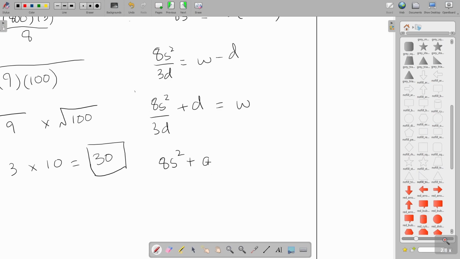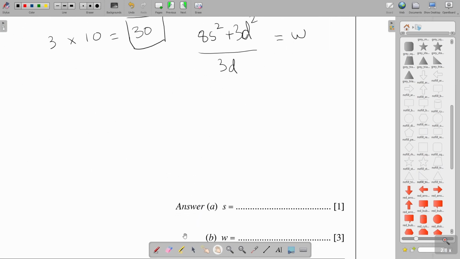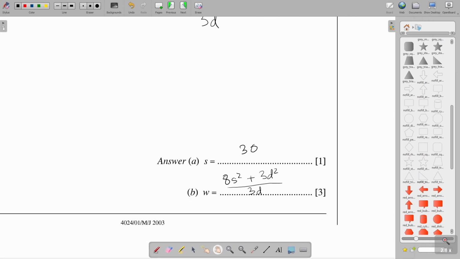So we'll do 3D squared, since 3D multiplied by D would be 3D squared, over 3D is equal to W, and that makes W the subject of the formula. So our answer to A was 30, and our answer to B is 8S squared plus 3D squared over 3D. Lovely.